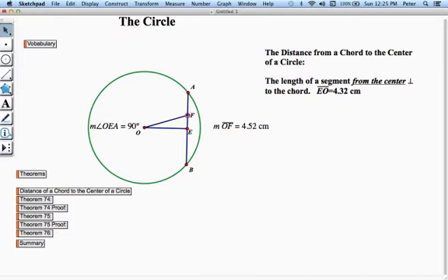So that's not a very good standard for what we call the distance from a chord to the center. So it's only when the segments are perpendicular that I get the actual distance. And as you can see, OF now is equal to OE because it is now perpendicular to the chord. Okay, let's move on to the three theorems now.